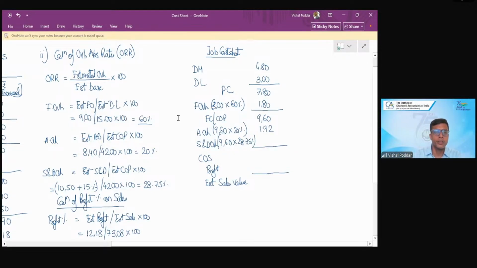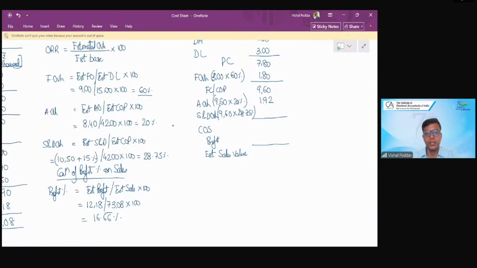Now profit is 16.66%, which is equal to 1/6 of sales. Now, students, I hope you all remember the maths.